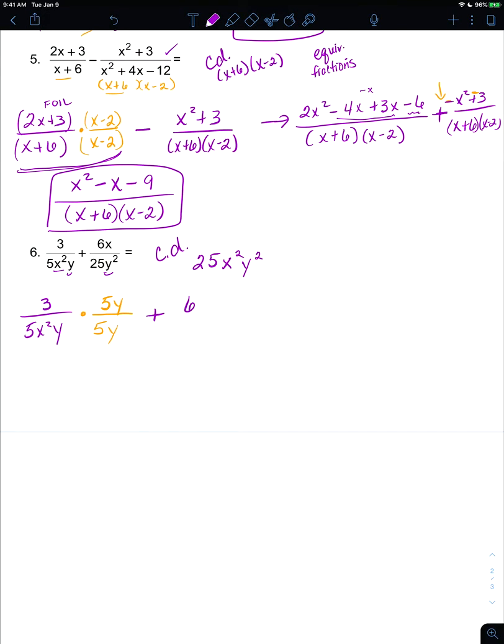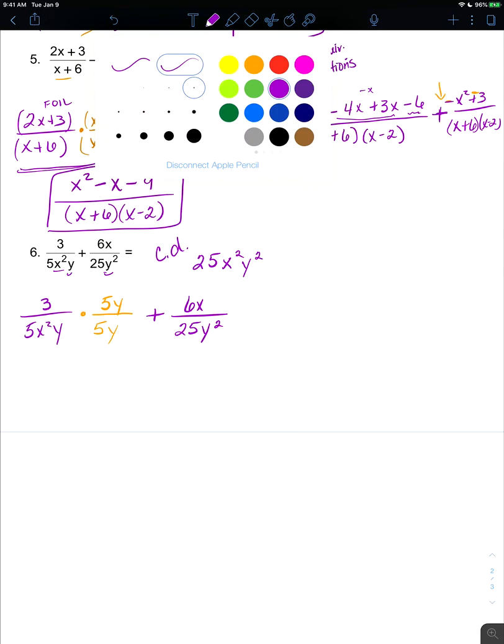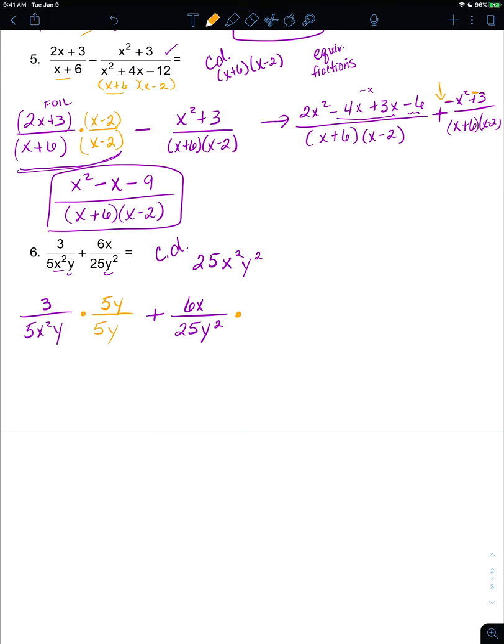So then we're going to take our second term, and it has the 25. So it doesn't need any of the number, but it does need that x squared, and it already has the y squared, so it's okay on that. We just need to multiply that one by the x squared.